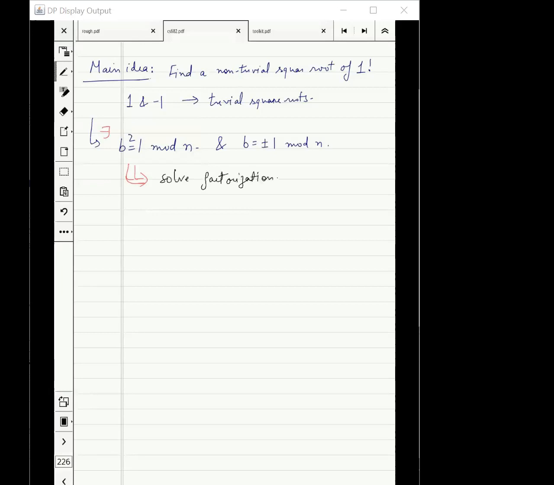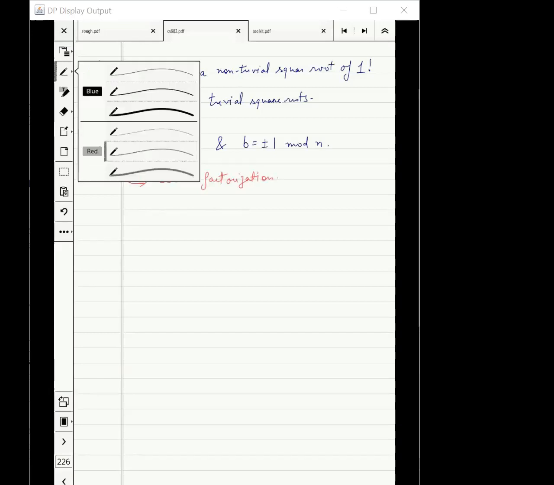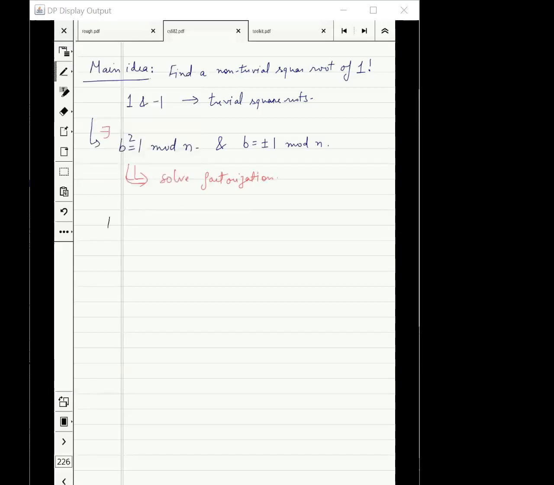And as Said mentioned, it's not difficult. Why is that the case? If b squared is equal to 1 mod n, that is basically saying that b squared minus 1 is divisible by n. This is the definition of b squared equal to 1 mod n.